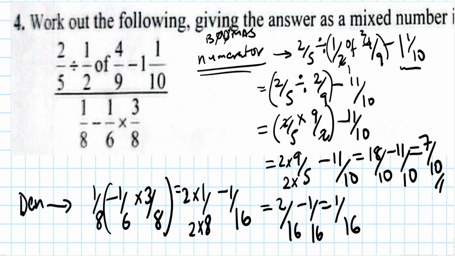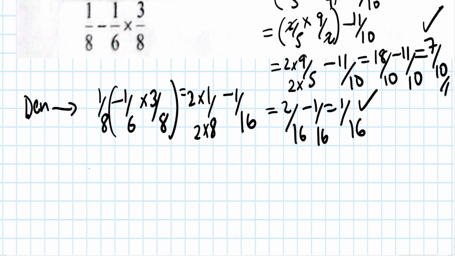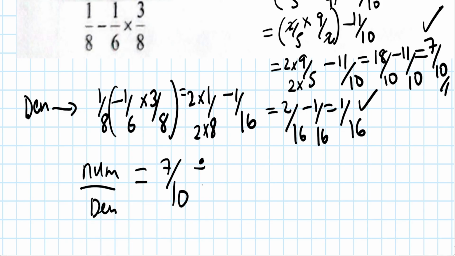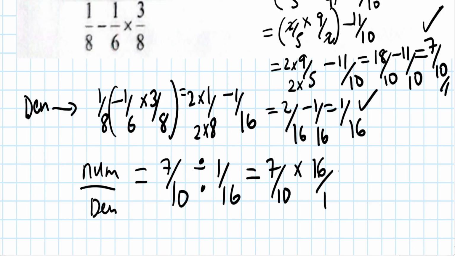Now numerator over denominator. So what do you do next? You take the numerator, which is 7 over 10, and divide it by 1 over 16. So 7 over 10 times the reciprocal of 1 over 16, which is 16 over 1.